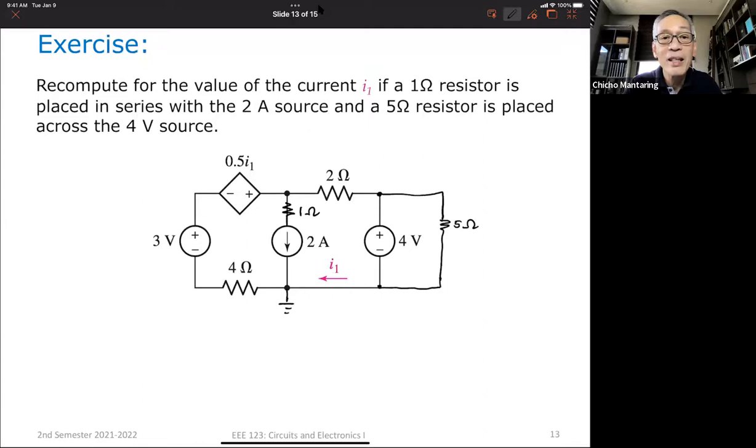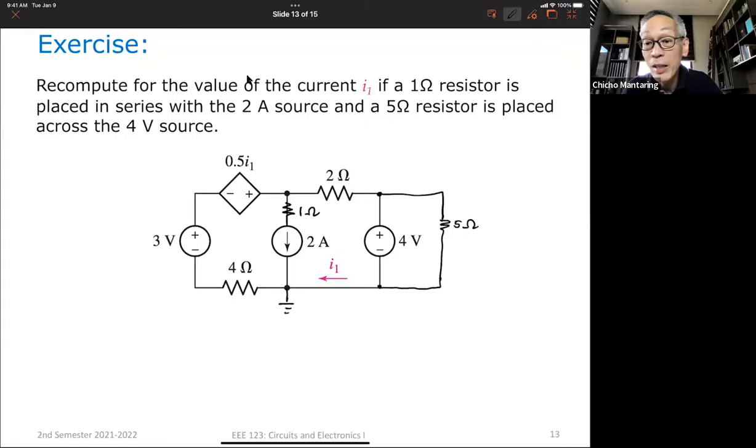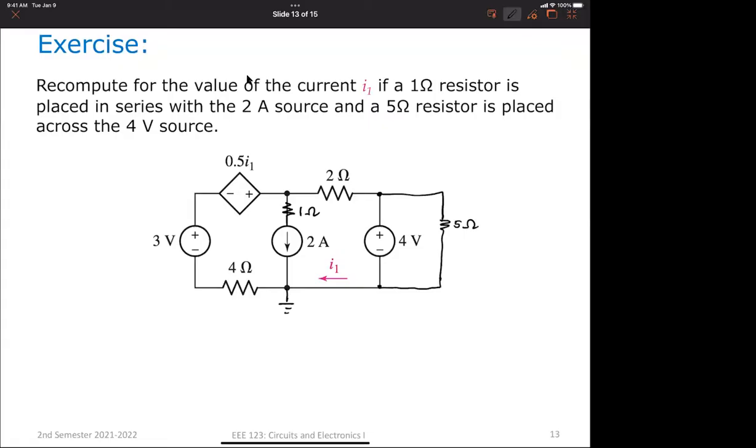Yeah, Albert. Albert, can you form the KCL equation for this node? Sir, I think, almost the same lang po nung kanina.